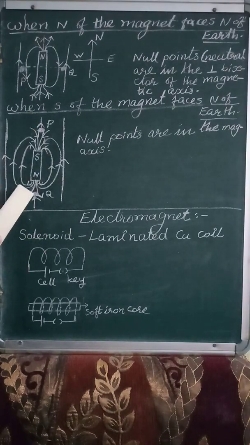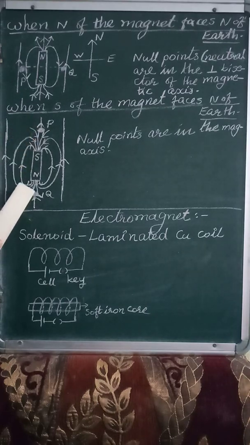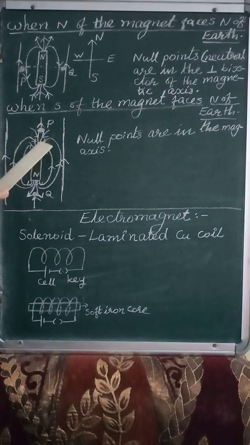But you take 2 points here. I have marked them as P and Q. Look at the speciality of these P and Q points. At the P point, the bar magnet field lines are coming downward. The arrow mark is downward. But the earth field is going upward.